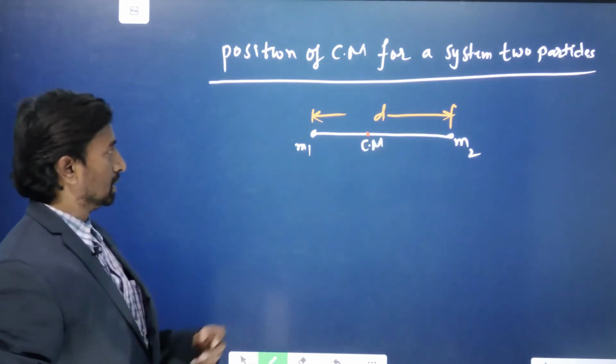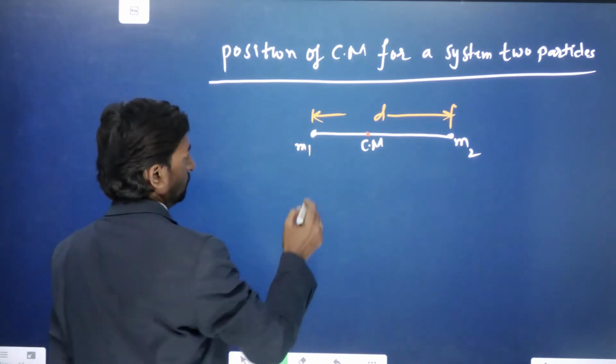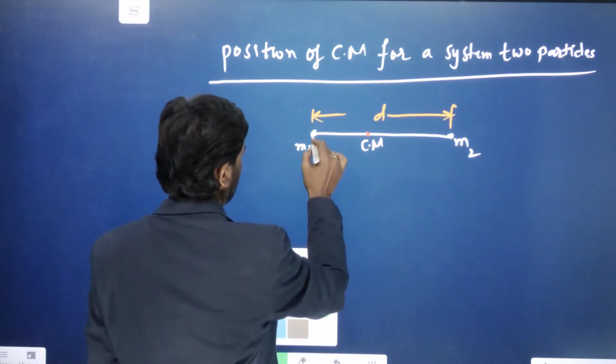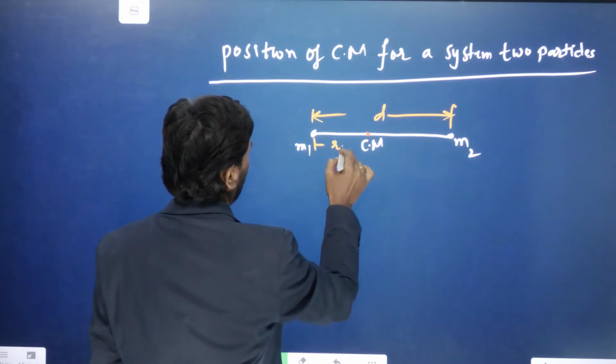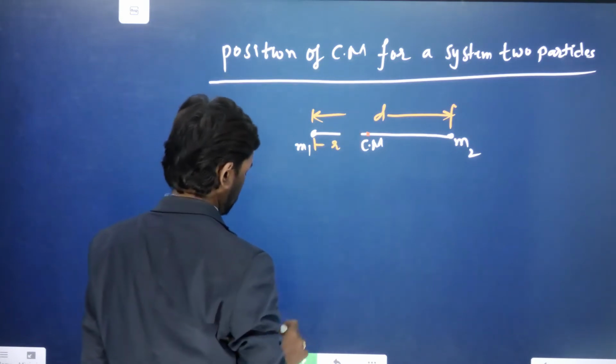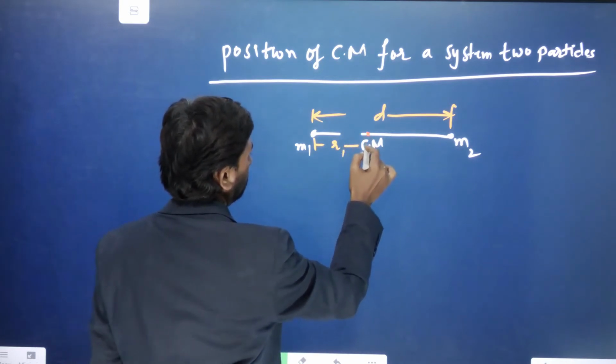Now that center of mass, from the first particle, is at a distance, let us consider, r1, from this point up to here.